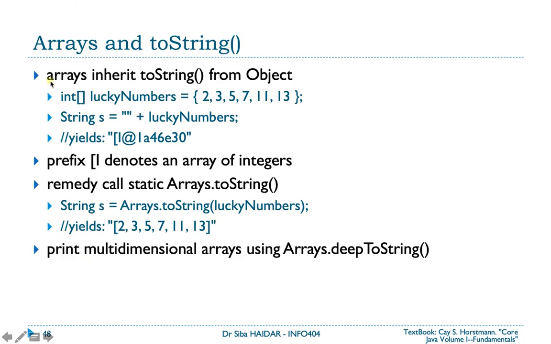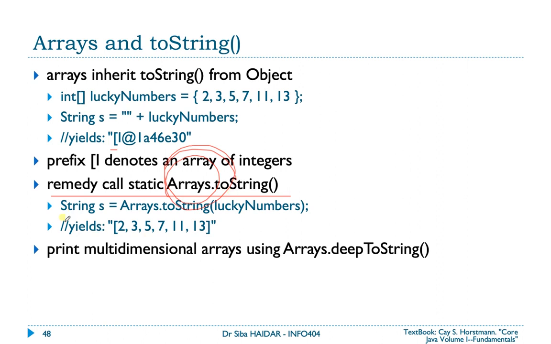Arrays inherit the toString from Object, which yields the type in square brackets, then the @ sign and then the hashcode. We have a remedy inside the utility class Arrays.